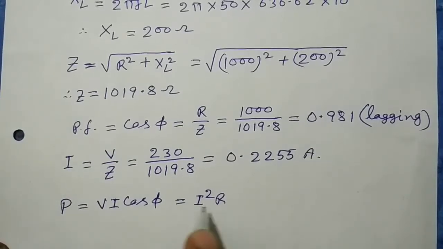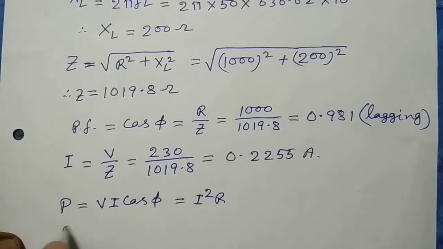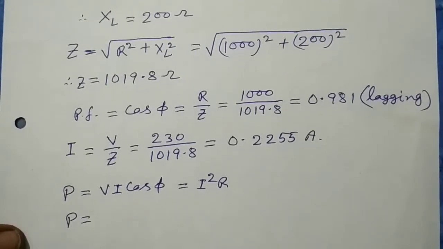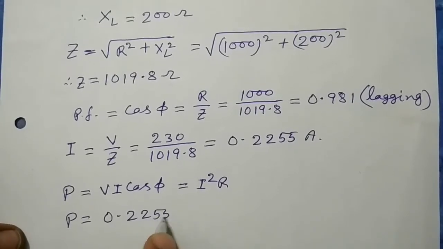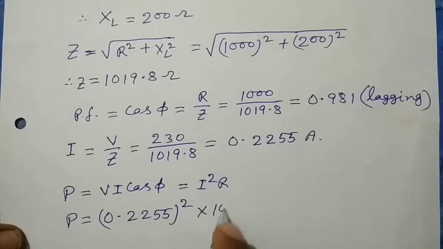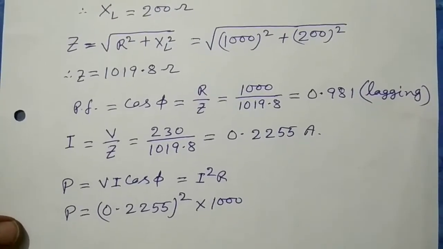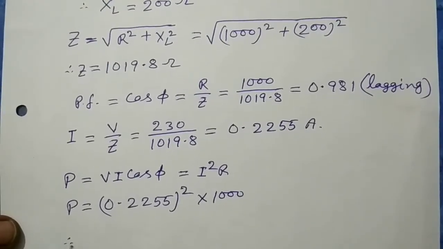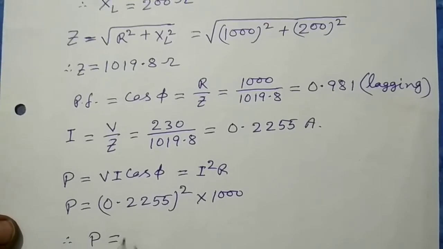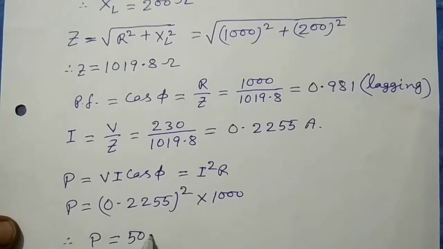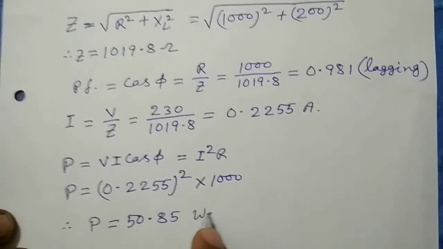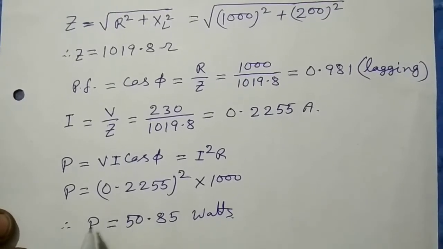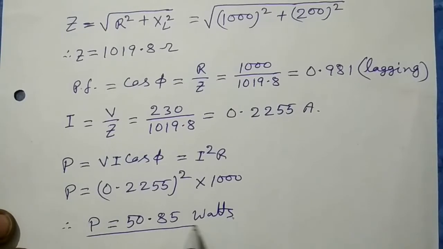Now if I use I square R, the active power can be written as 0.2255 whole square into R, that is 1000. So after simplification, we'll get the power is equal to 50.85 watt. So this is the power of the circuit.